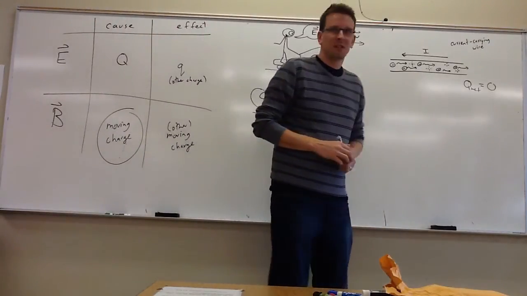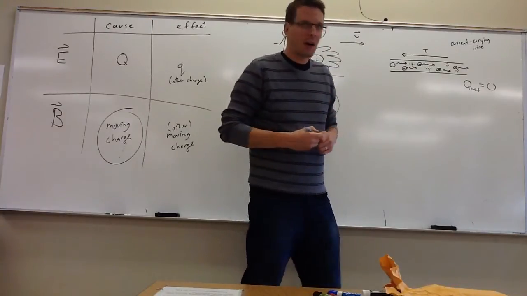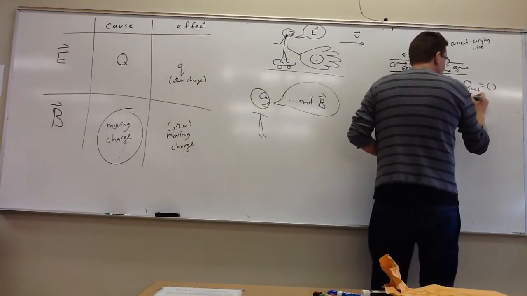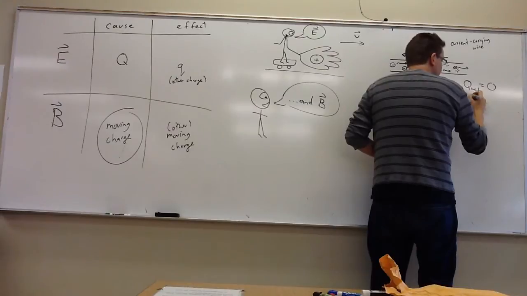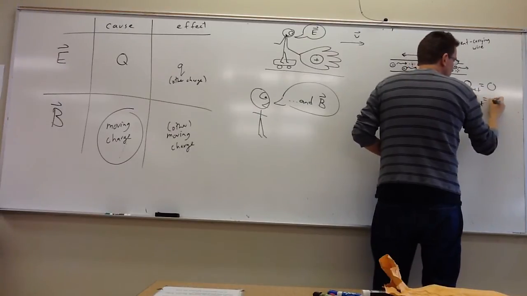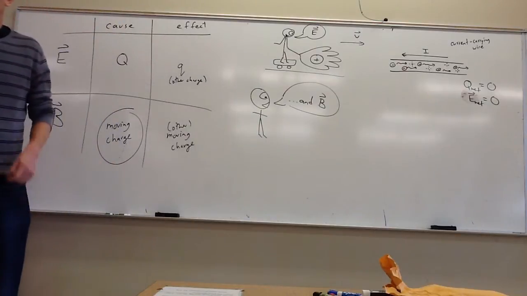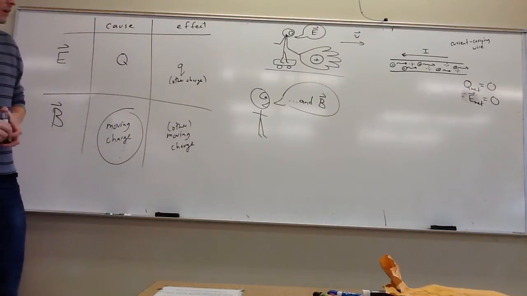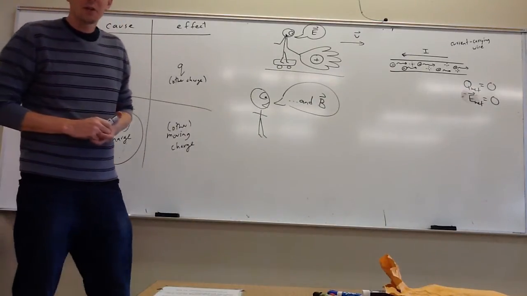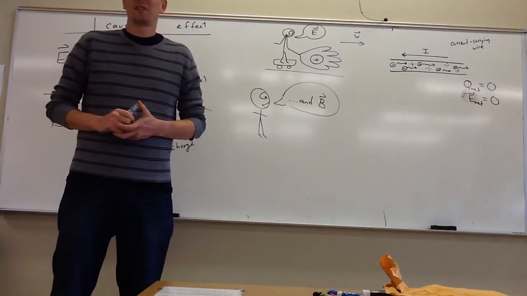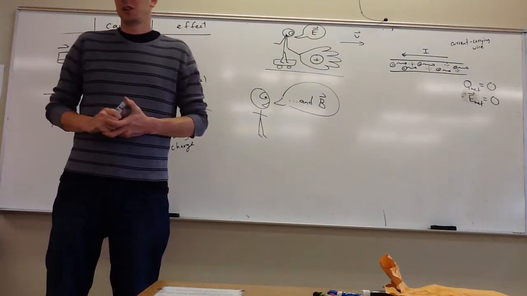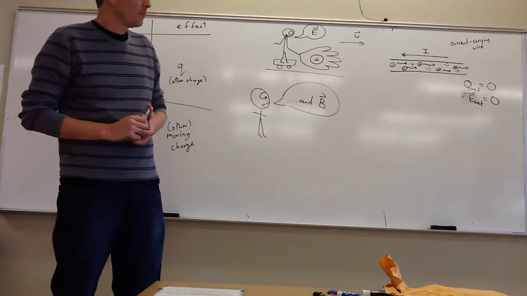It's a bunch of minuses flowing past a bunch of positives, and so there we can ignore the electric field. So a current carrying wire doesn't really make an electric field. But here's where we have our cake and eat it too, because if we're talking about moving charge, well, the positives aren't moving.